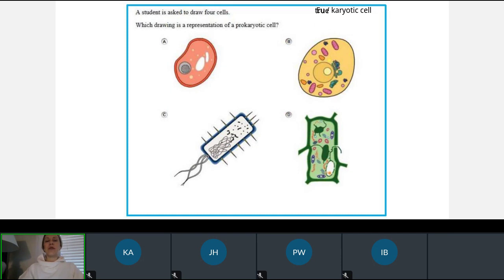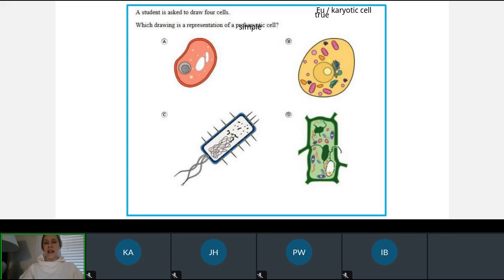You means true, right? So a eukaryotic cell has a true nucleus, right? Whereas our prokaryotic cells, we talked about, are simple cells. They still have DNA, but they don't have a nucleus, like most of you remembered.